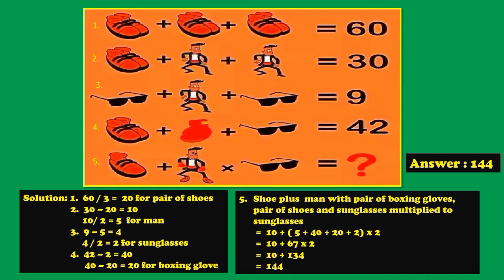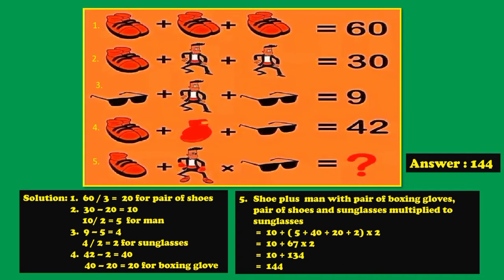In the third row, it is equivalent to 9. Since the value of a man is 5, 9 minus 5 is 4, and we have 2 sunglasses, so 4 divided by 2 is 2, so a sunglass is 2.